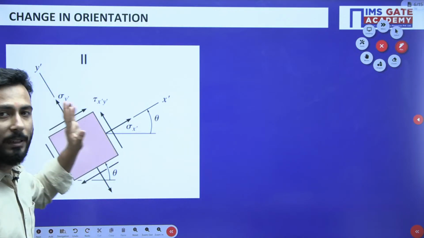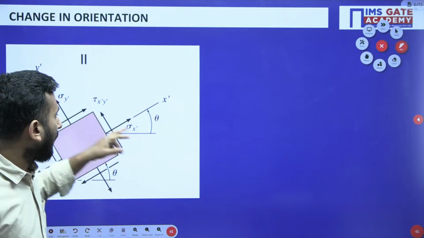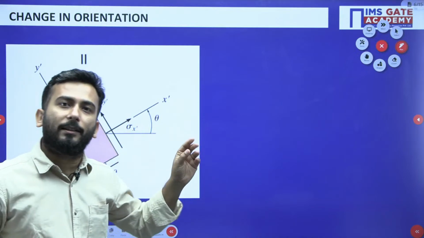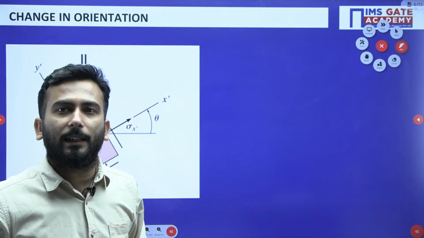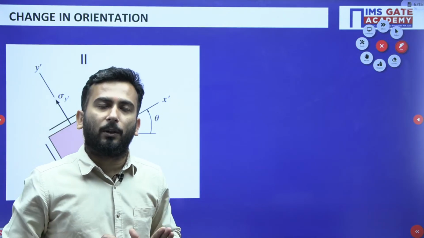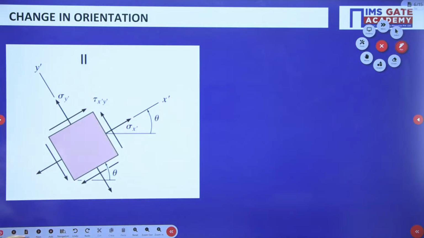Wherever sigma y was there, now sigma y dash has come, and wherever tau xy was, tau x dash y dash has come into the picture. That means 3 different unknowns are there, and that is what we want to find out.